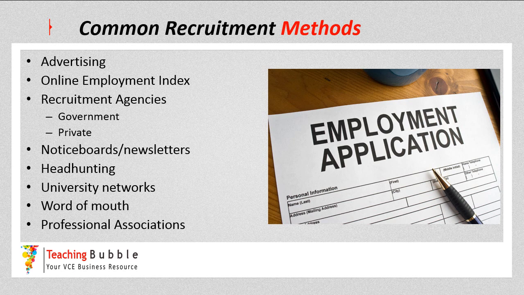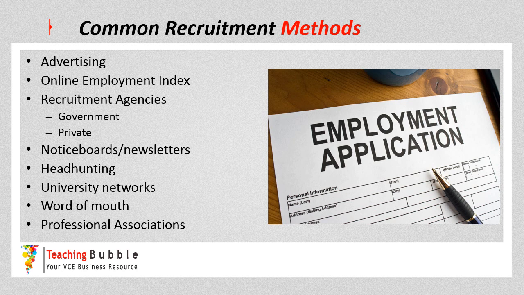Headhunting is where you actually go out and seek an employee from another organisation and say that we want you, and there are headhunting agencies that will go and select a few that they think would be a really good fit for your organisation. University networks, going to universities and offering them jobs, getting them to apply and trying to hunt the best university graduates.